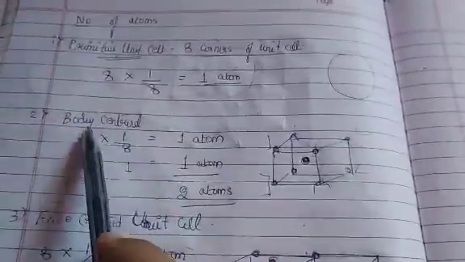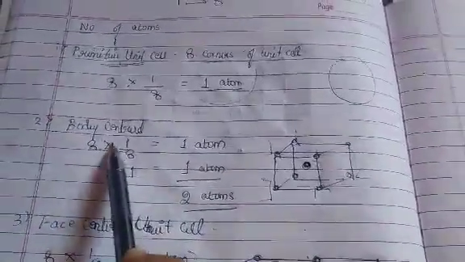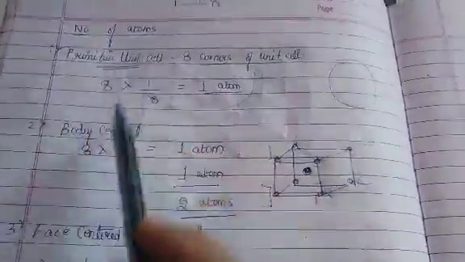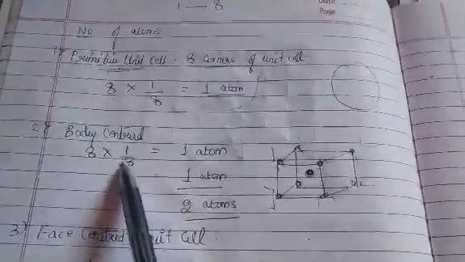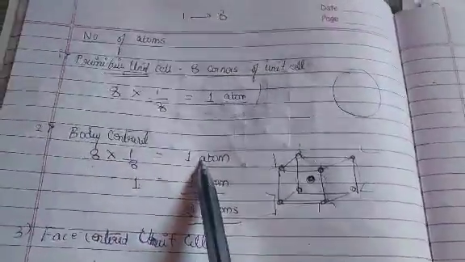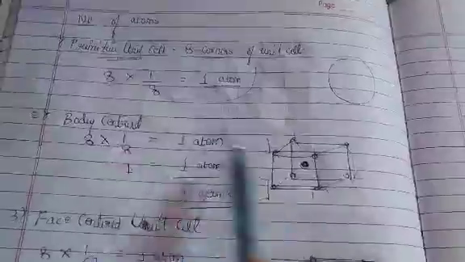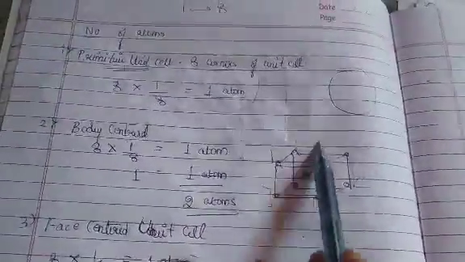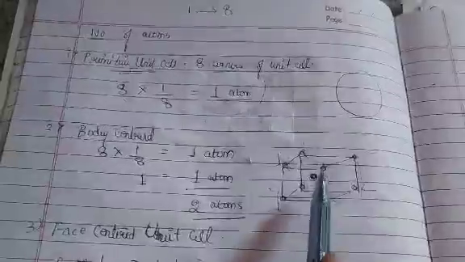Coming to the body centered, of course the 8 corners, as we have done with primitive, are individually attached to 8 other unit cells, giving you one atom. But in the body centered, we also have an atom at the body center. This atom is not attached to any other unit cell and individually belongs to this unit cell itself.